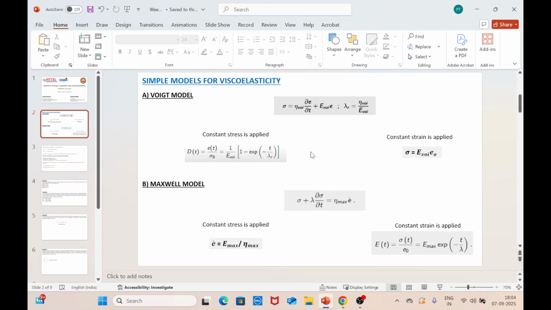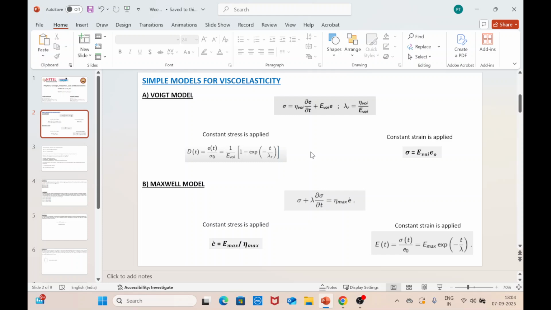We have to do that as an exercise. I believe the constant stress condition, the derivation of how you modify this equation, is already given in the course. Let us do it for constant strain. If you take this Kelvin-Voigt model and apply a constant strain, how does this equation vary? It's typically very simple.